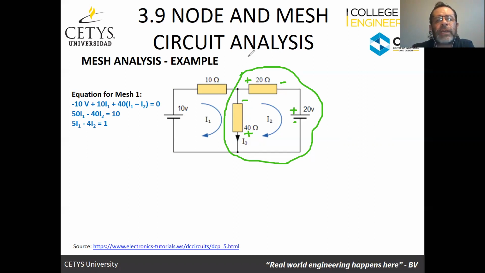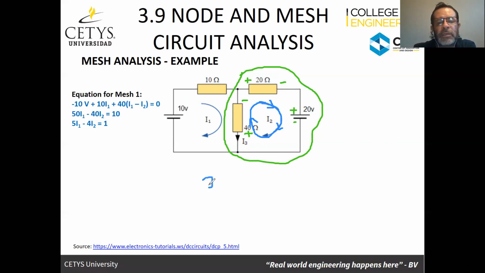Okay, once I do that, now I'm going to look at my current, which is I2, remembering that I2 is going on a loop here. And I'm going to start off writing an expression for that. The first thing I find here is the 20 volts, and it's going in through the positive.